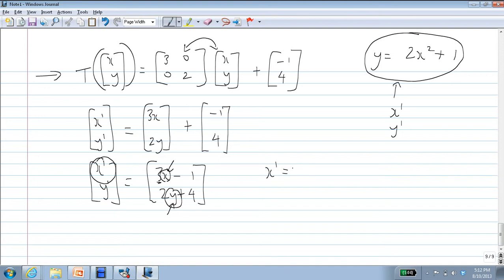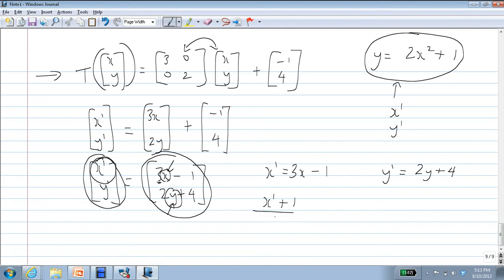So I'm going to set up two little equations over here. This is really just a process that we have to follow. We've set up an equation with new x and new y on one side, and something to do with old x and old y on the other. We're now going to let these elements of the matrices equal each other, and get old x by itself, and old y by itself.